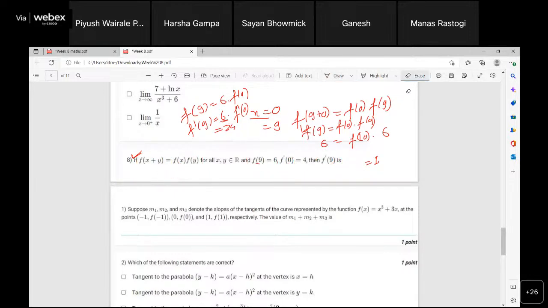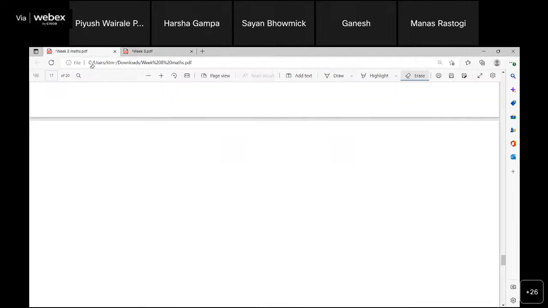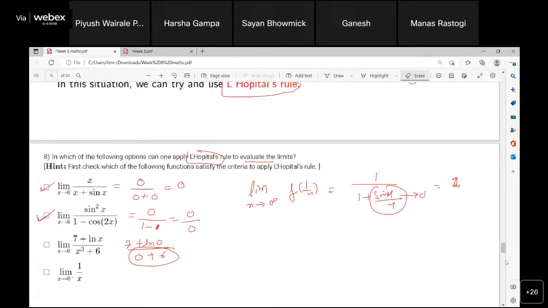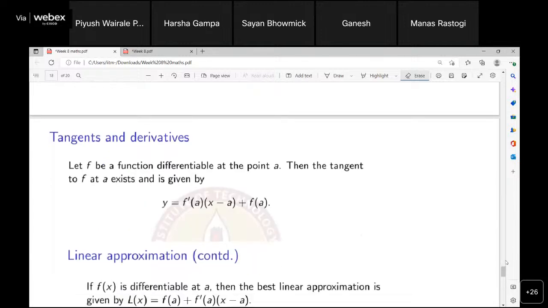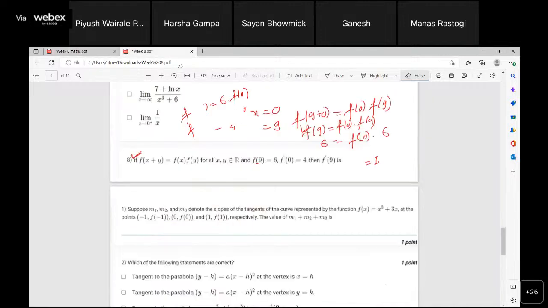Okay, sir. So this is about limit, continuity, and derivative. Yes, I can get that question, sir. Could you rewrite that one, sir? Just put x equals 0, y equals 9, because we have been given these two numbers: f of 9 equals 6 and f dash of 0 equals 4.